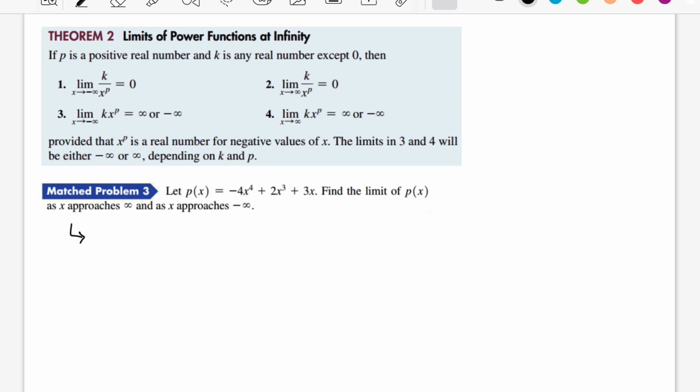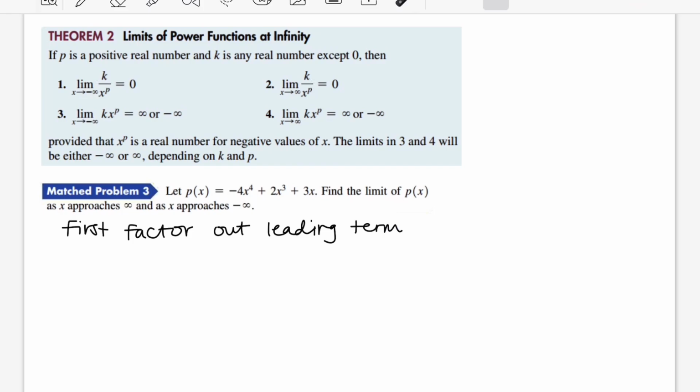So what we're going to do is, actually let's write this out. First, in order to get our terms in these forms, we'll factor out what's called the leading term. And our leading term is the term with the highest degree.